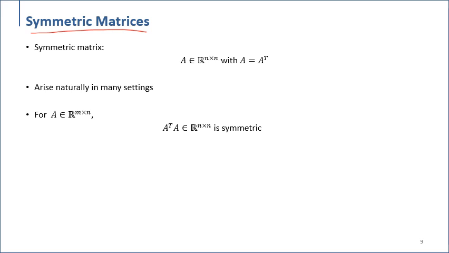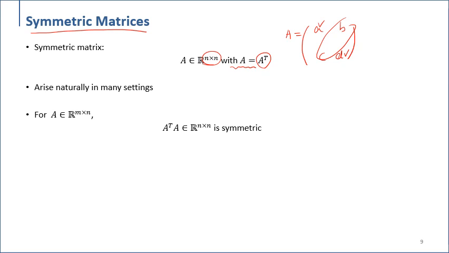By definition, we call a square matrix a symmetric matrix if its transpose is equal to the matrix itself. So for example, if A matrix is equal to a, b, c, d, a 2 by 2 matrix, in order to be a symmetric matrix, the off-diagonal components should be mirror symmetric.